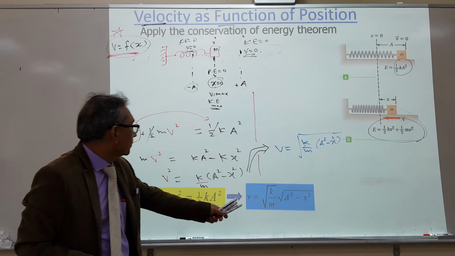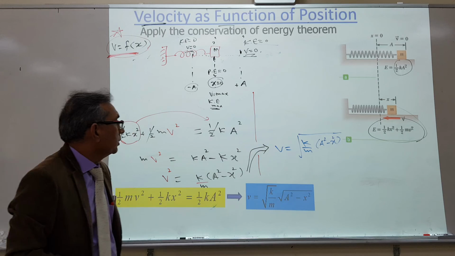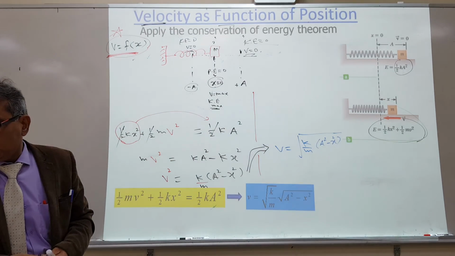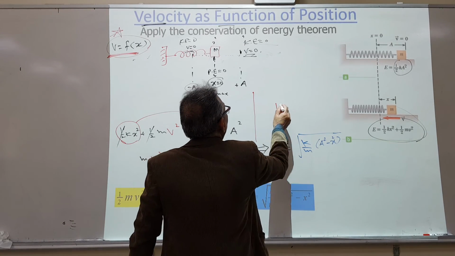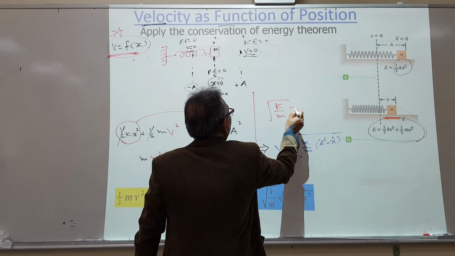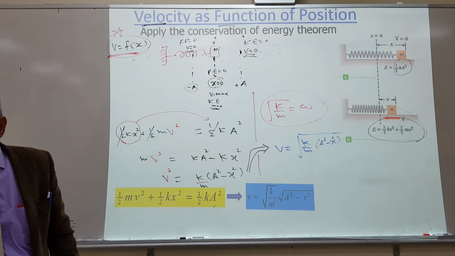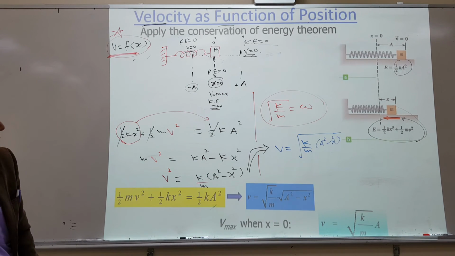This is what I have already written here, the same thing by the way. And keep in mind this K by m under the root, we call it omega, the angular frequency. So this is omega.